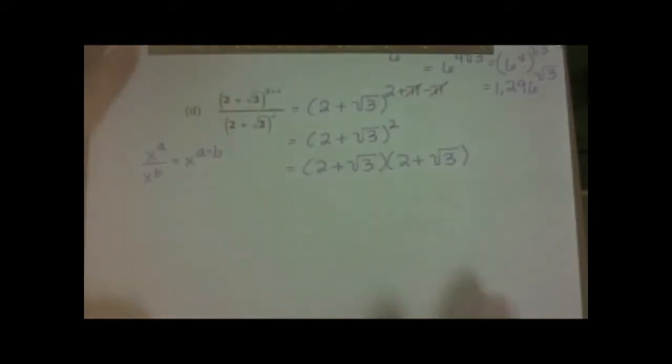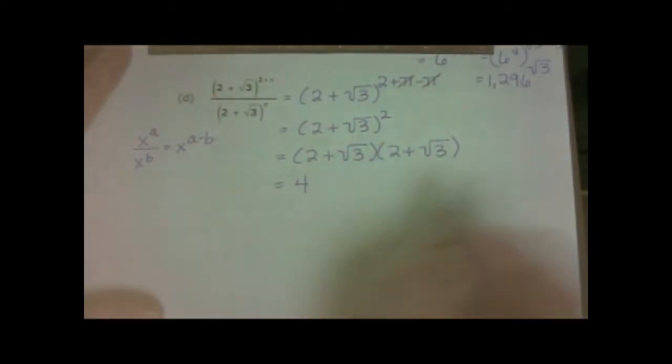I can actually simplify this. Remember, I'm going to use FOIL. So this is 2 plus the square root of 3 times 2 plus the square root of 3. Now my first is 2 times 2, which is 4. My outers is plus 2 times the square root of 3.